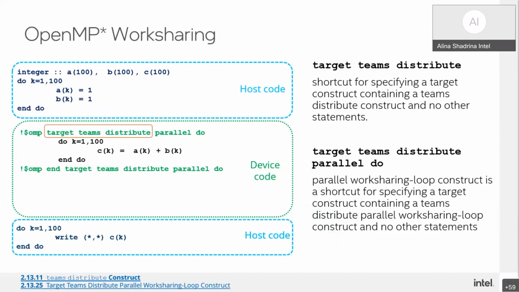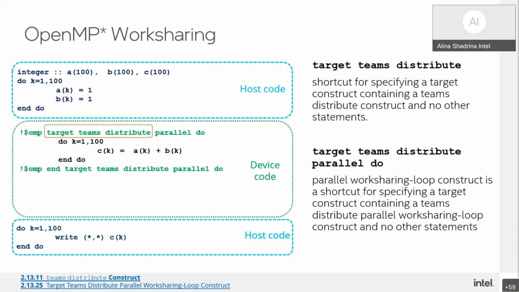This construct can be nested in the target region and perform any work sharing within the team. On the slide, you can see a more correct way to implement parallel do on a device. Actually, you need target teams distribute parallel do.